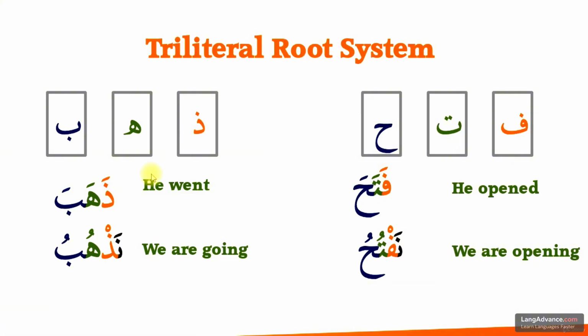So I've applied one morphological rule from the root letters to get this word, and the same rule applied to a second different set of letters to get this word. And then I've applied a second morphological rule to these letters to get another word, and the same rule has been used to get another word in the second set of root letters. And the meanings are similar. Here it's past tense, past tense. Here it's present and present. Here it's he, and we.